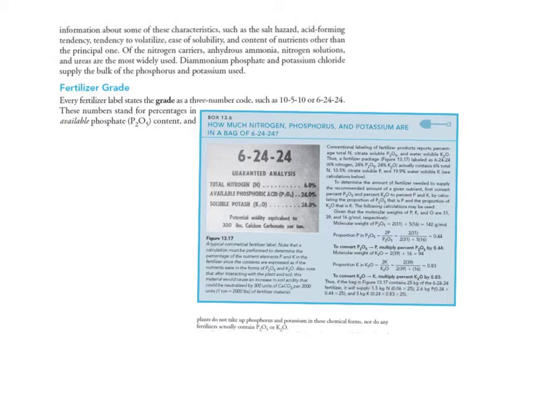Typically, when you send a soil sample into a lab, you get the soil sample back, and it's actually going to recommend how much P2O5 you need to put on. They've done these calculations, so you don't have to do complex calculations like they're showing you here in order to fertilize. So I just wanted to talk about that for a second. Again, you'll see it in your lab manual when we get to that.